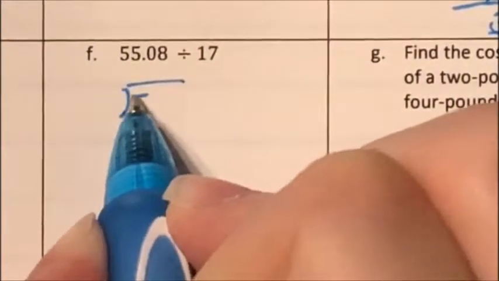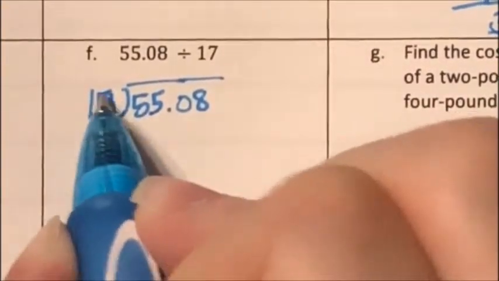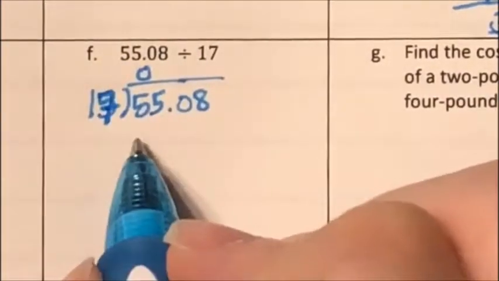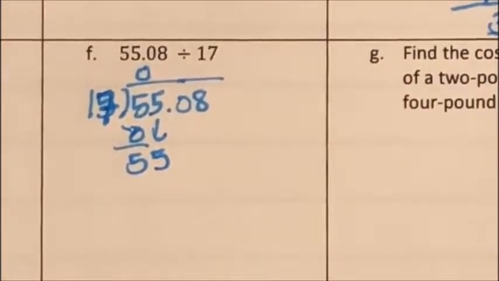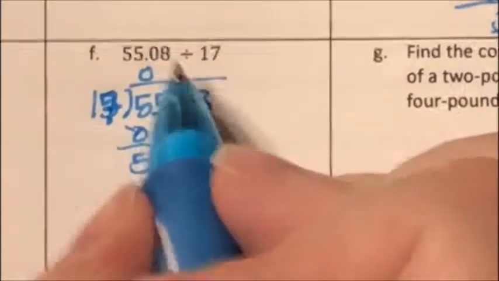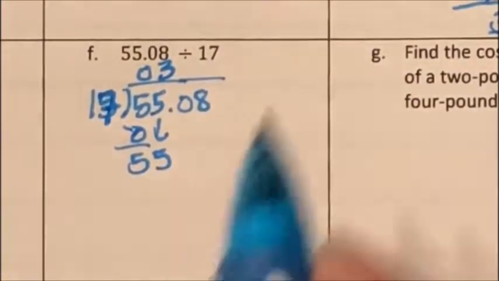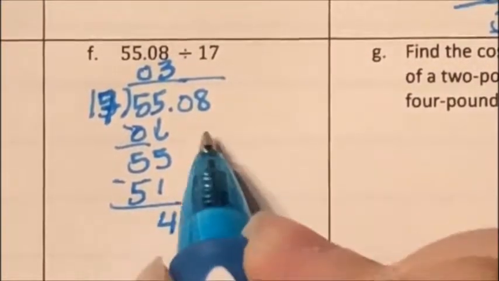All right, for letter F, I have 55.08 divided by 17. Okay. 17 cannot go into 5. 17 can go into 55 3 times. 17 times 3 gives me 51, which gives me 4.